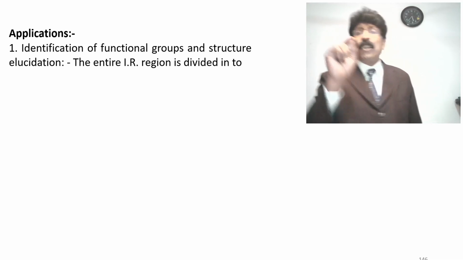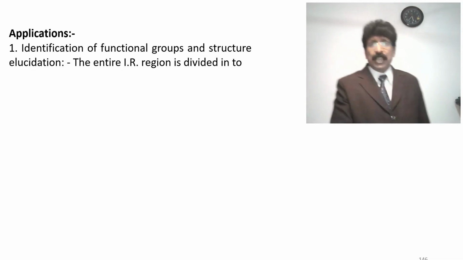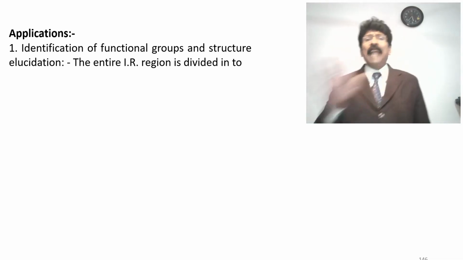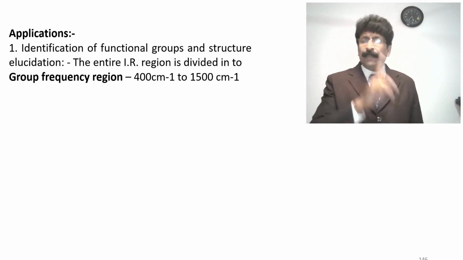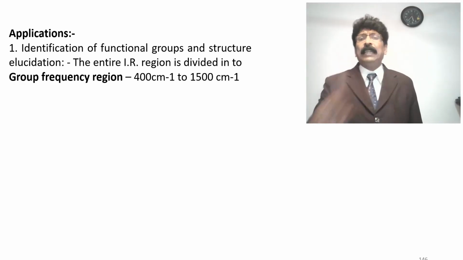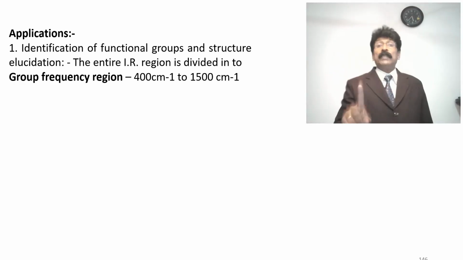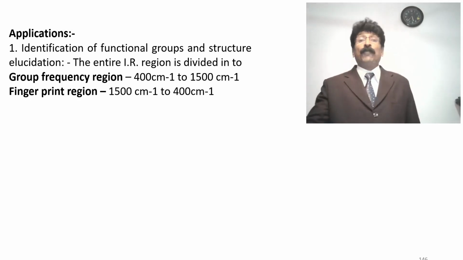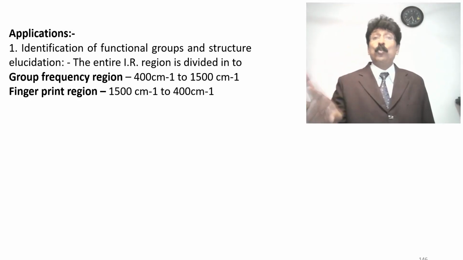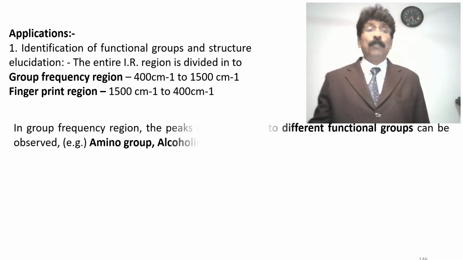Identification of functional groups and structural elucidation. The entire IR region is divided into the group frequency region, 400 centimeter inverse to 1500 centimeter inverse, and the fingerprint region, 1500 centimeter inverse to 4000 centimeter inverse.